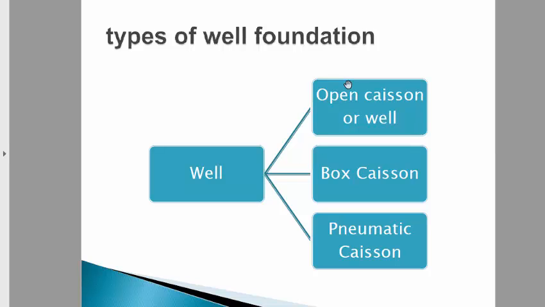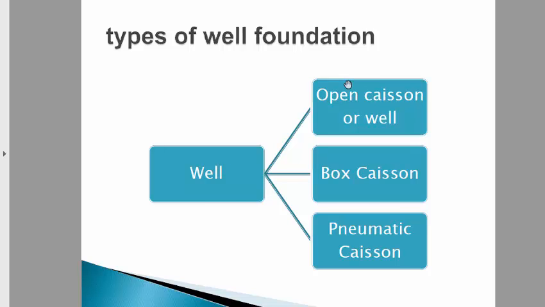So there are three types: open Caisson or well. During construction, if the well is open from the bottom and the top, that type of well falls in the category of the open Caisson well.